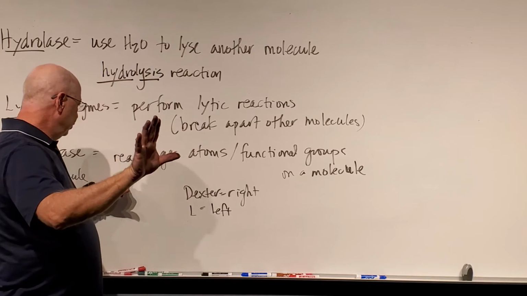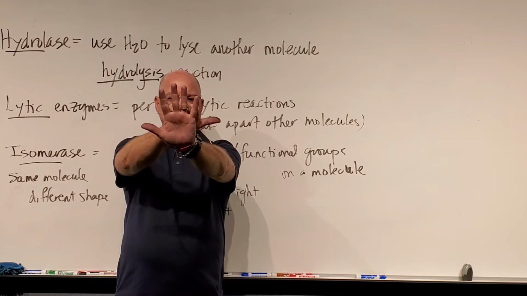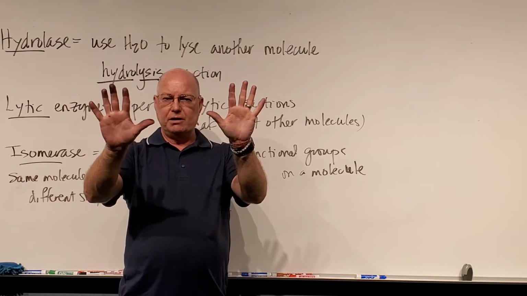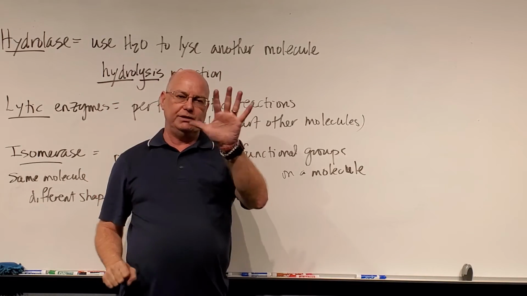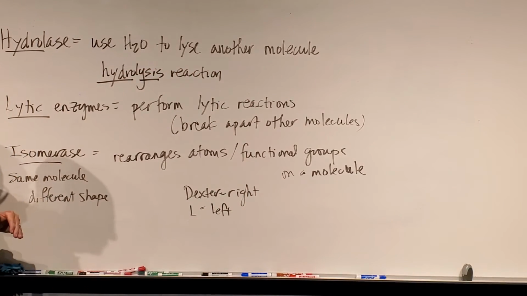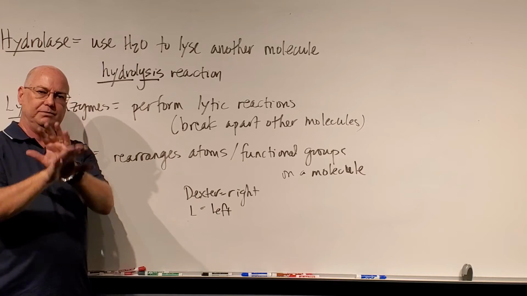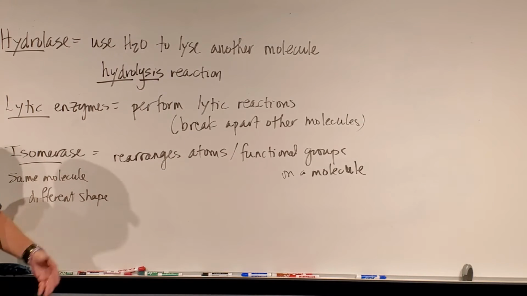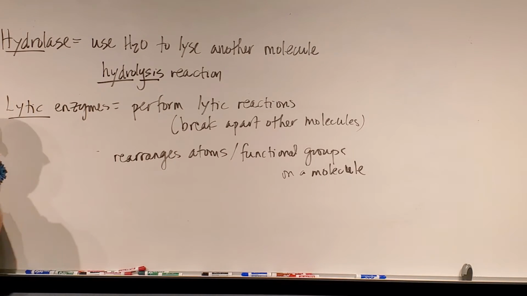If I exposed it to an isomerase, the isomerase might flip the molecule around this way and move this functional group to this side. Then I've created an isomer. It's the exact same compound, but now I have this one functional group on the opposite side. I've gone from the D form to the L form, and we call those isomerases because an isomer of a molecule means it's the same molecule, but it's been rearranged a little bit. So we'll talk about D and L-type sugars and things in the future. So that's all that an isomerase is. It's an enzyme that rearranges atoms or functional groups on a molecule. It doesn't transfer them, it just rearranges them.